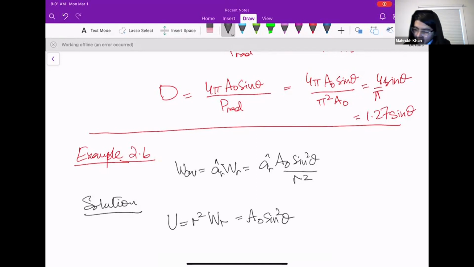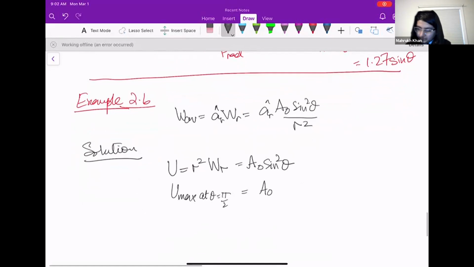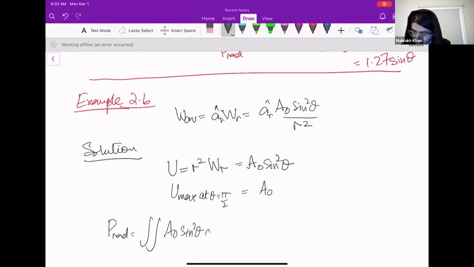Okay, then again, we know that U max will be at theta equals pi by 2, which will make it A naught. Okay, so we don't know P rad in this case. So my P rad will be A naught sine square theta, solid angle.